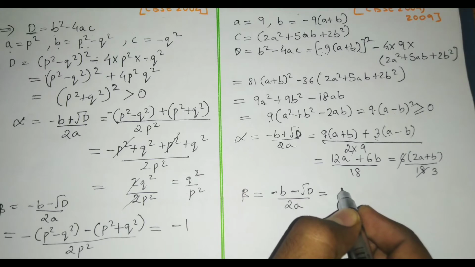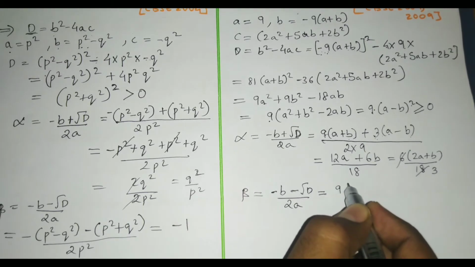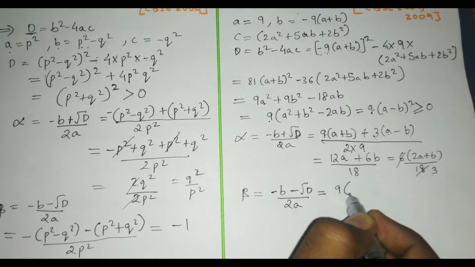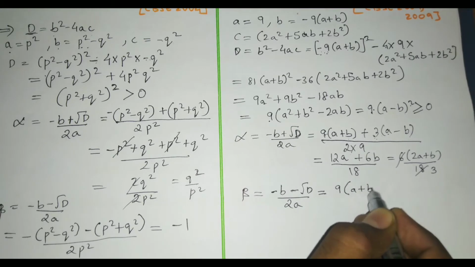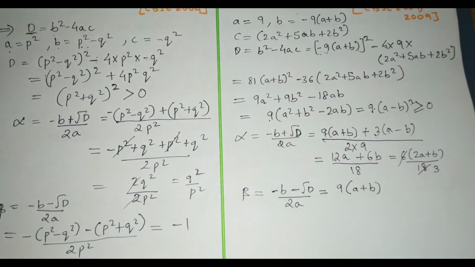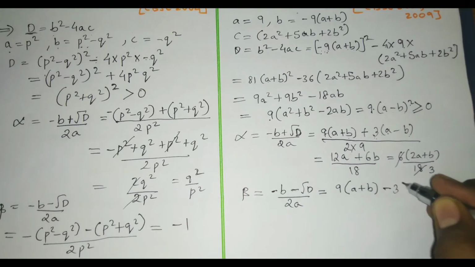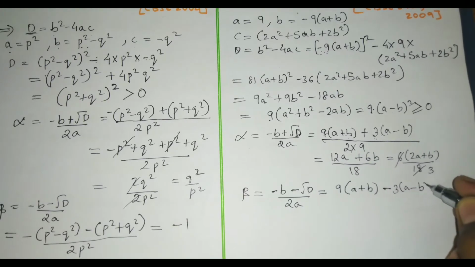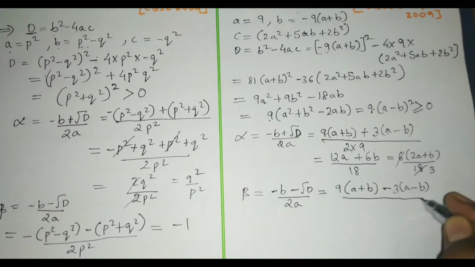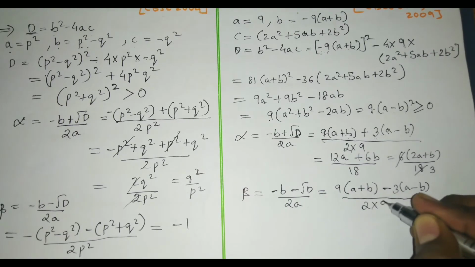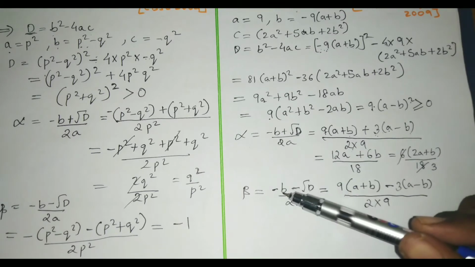So this will become 9 into a plus b, then minus 3 into a minus b, by 2a, that is 2 into 9. So you have to remember that this is minus b.